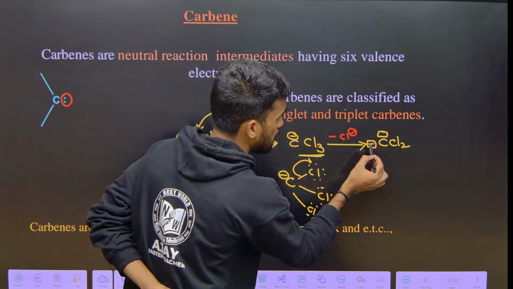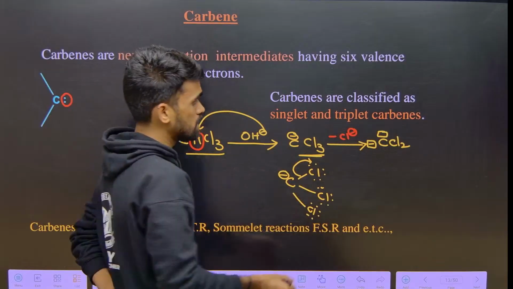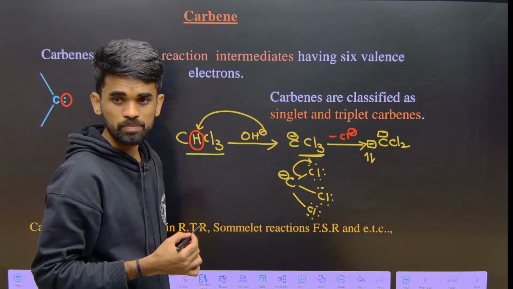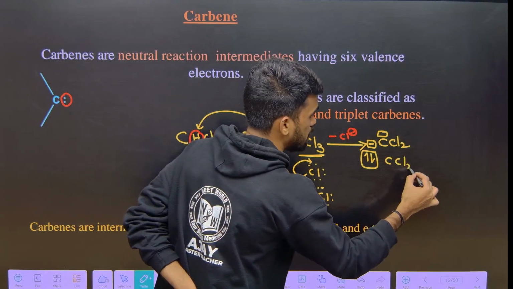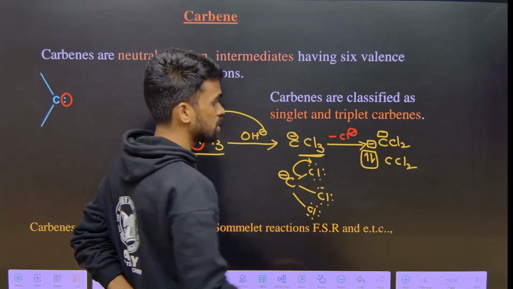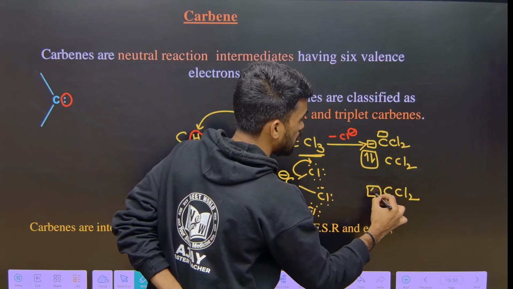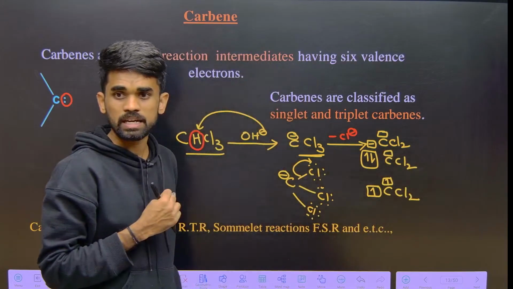In one way, the negative charge is in one orbital with the other orbital empty. The negative charge is nothing but a pair of electrons, so I can indicate these 2 electrons in one orbital, CCl2. The other way is to indicate one electron in one orbital and the other electron in another orbital, instead of leaving it empty.